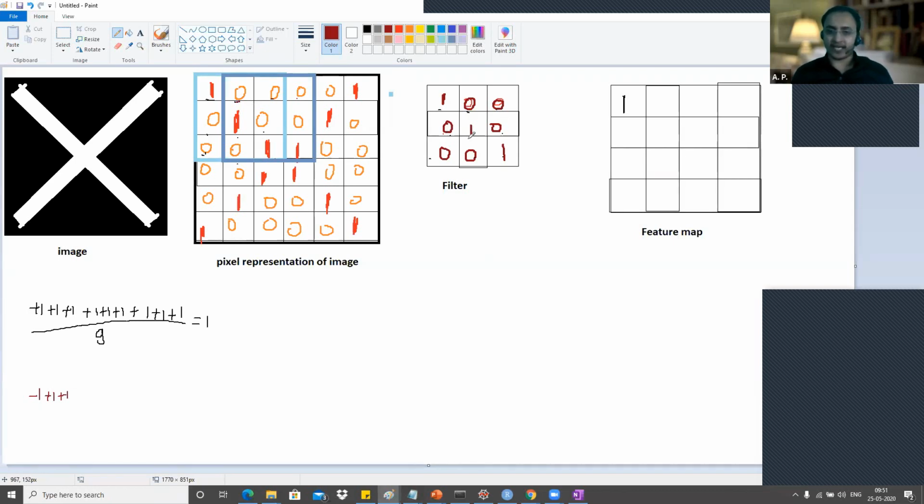The first value is not matching, the second value is not matching, the third is matching, right? So we'll say -1, -1, +1. Third row, 0, 1, 1, it is 0, 0, 1, right? So we'll say +1, -1, +1. Divide by 9. We have a total of 4 minuses, so we'll say 1 by 9, which is 0.1. That means the match of this particular filter on that part of the image is 0.1.